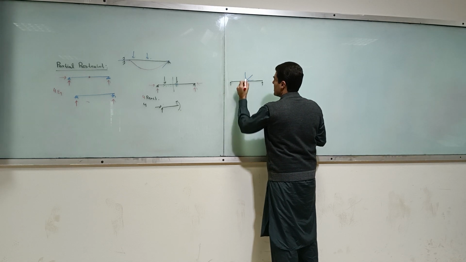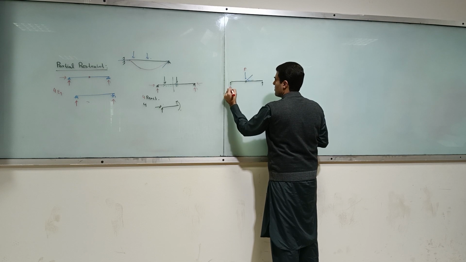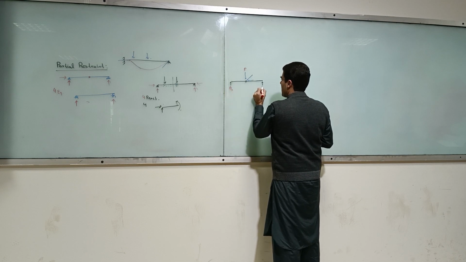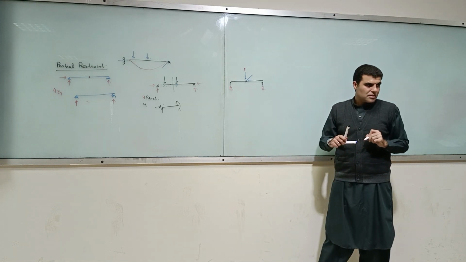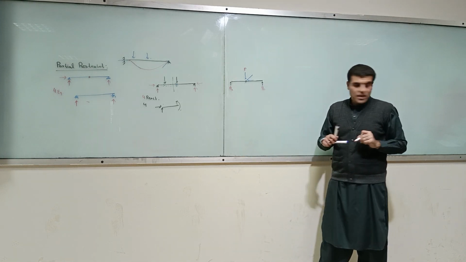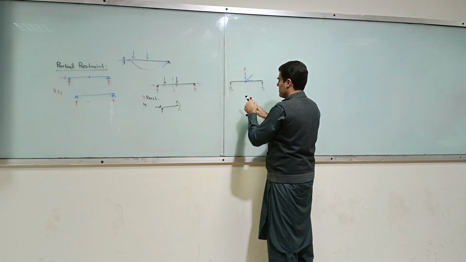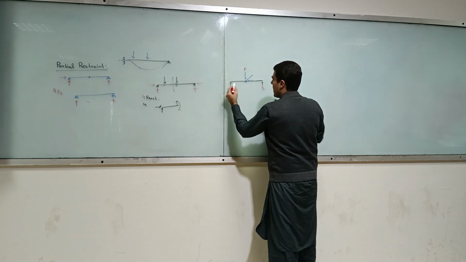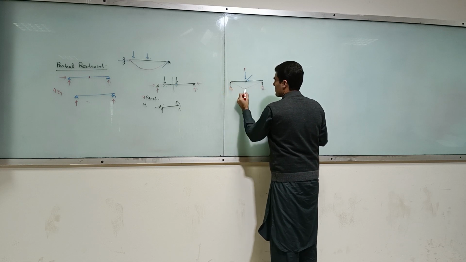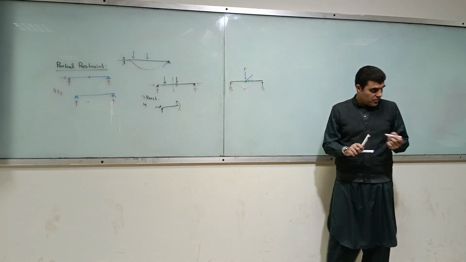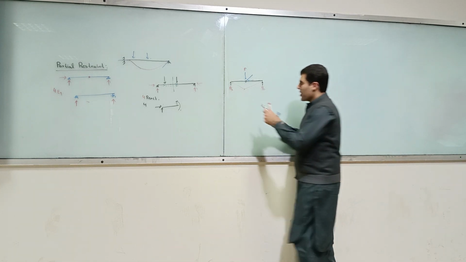So half of it will go there, and half of it will come here. Now, what will happen? The deformed profile will be something like this. This will get deformed.